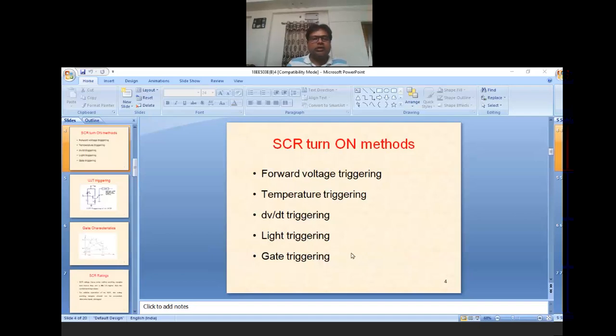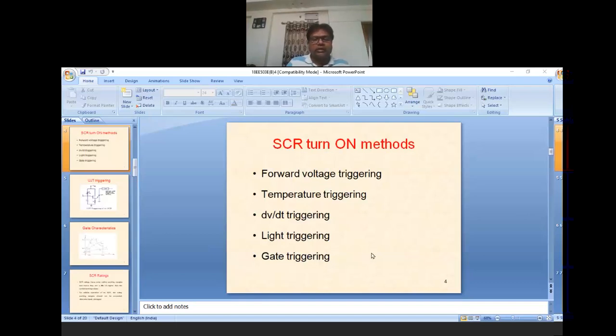And also when we go back to our VA characteristics, as an SCR is used as a high frequency switch, that is, we have to turn the SCR on and off at high frequencies, every time if you want to turn it on from zero voltage to the conduction mode, longer turn-on times will prevail, and there will be some delay times.